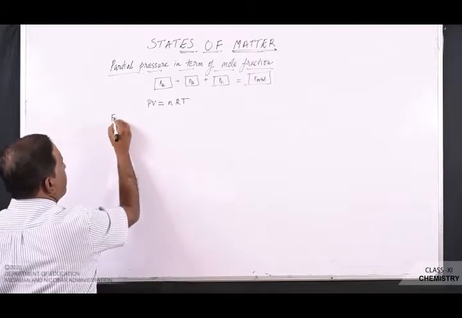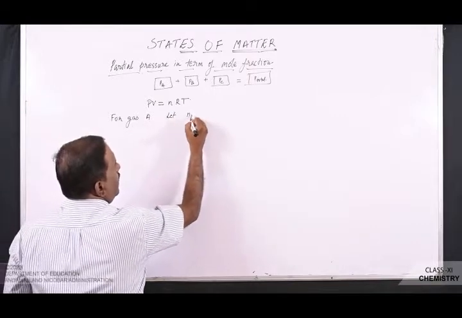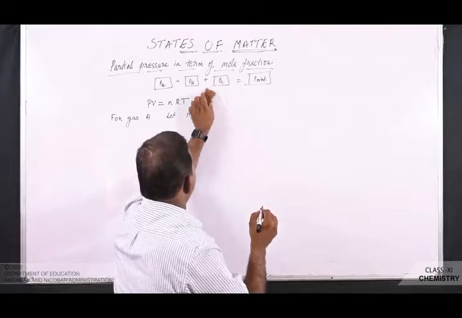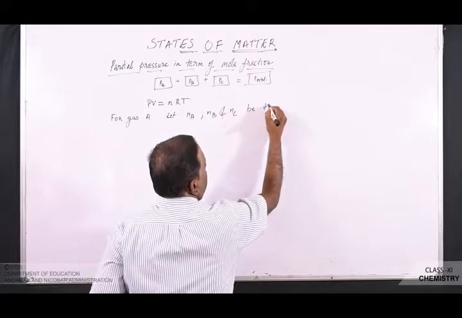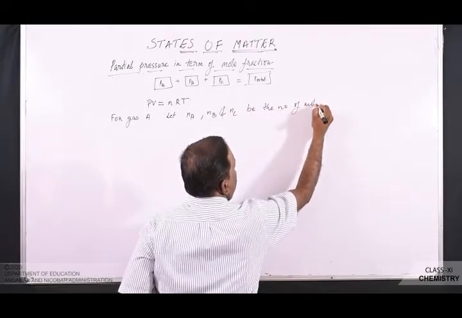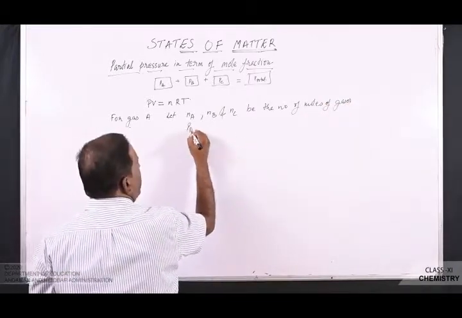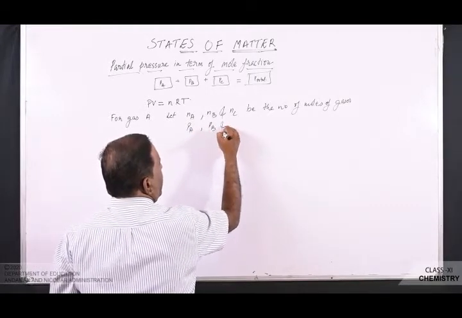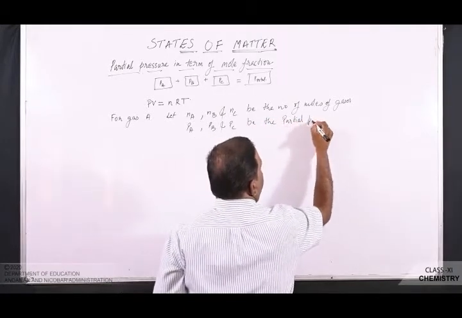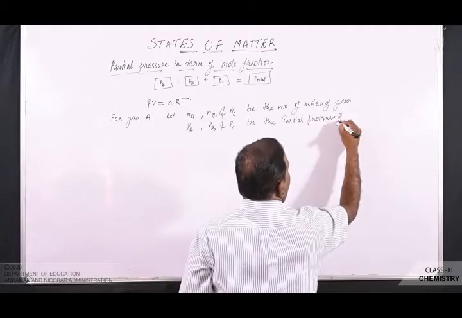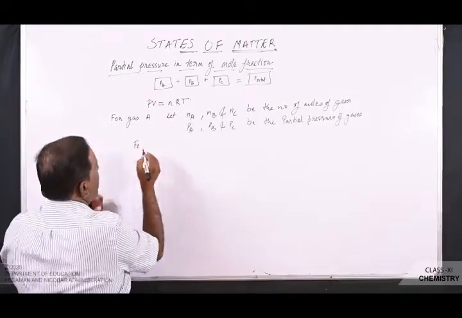Suppose for gas A, let Na, Nb and Nc be the number of moles of the gases, and Pa, Pb and Pc be the partial pressures of the gases.